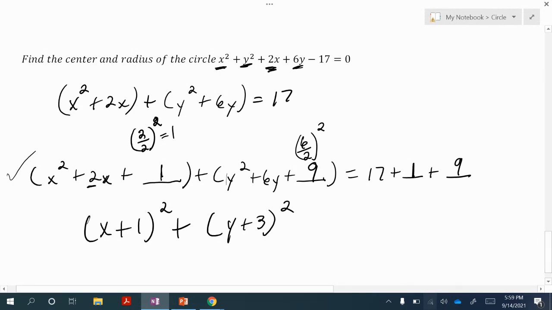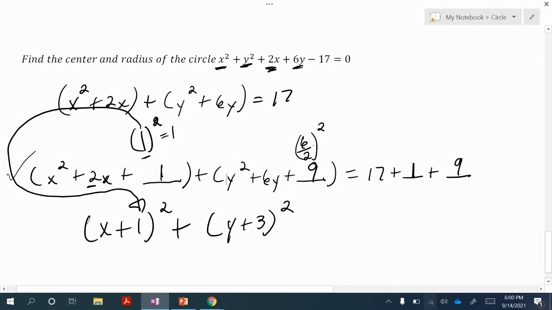And here's where the 1 and the 3 come from. If we look at the first variable, when we completed the square, we took 2 divided by 2. Right? So I just wrote 2 over 2, but that's actually a 1. This 1 is what goes here.